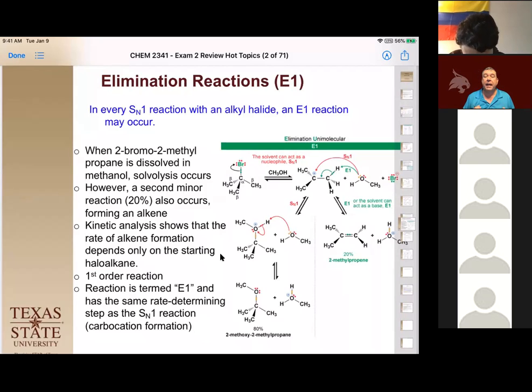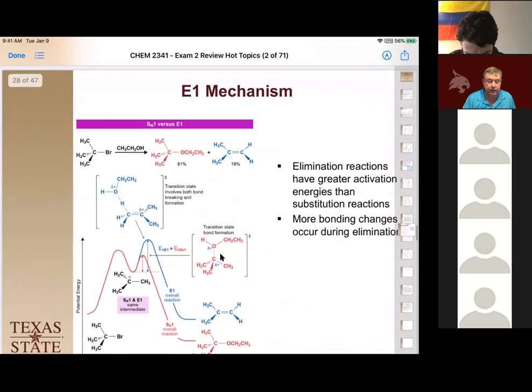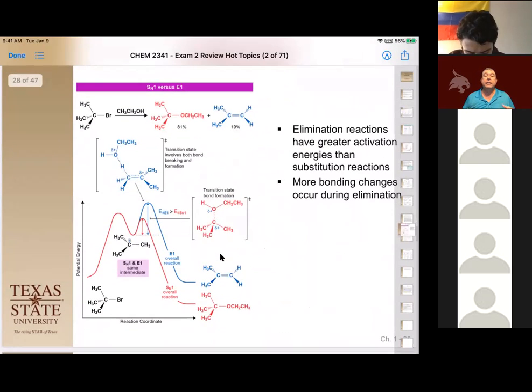But E1 has that 2-step mechanism where we form our carbocation, and then the next thing you have to do is remove a proton from a beta carbon, okay? Remember, you've already removed your leaving group from that alpha carbon, so you have to remove a hydrogen 1 carbon over to give us our double bond. Okay, so that's the elimination reaction.